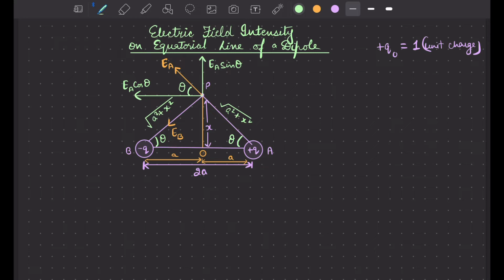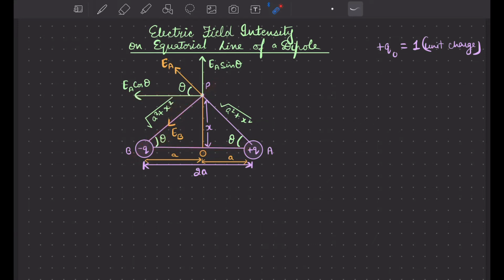Now if I focus on EB, here it is making an angle theta. This line is parallel to the line BA, and BP is acting as a transversal. If here is angle theta, this is also going to be angle theta, alternate interior angles.